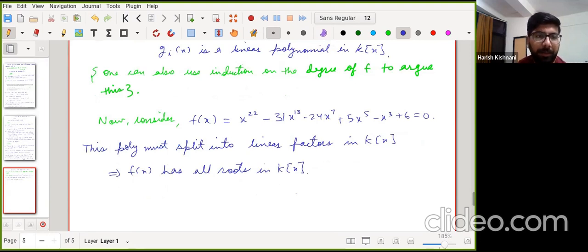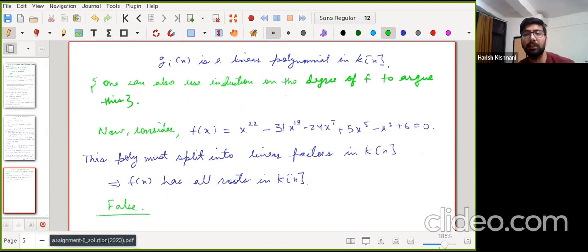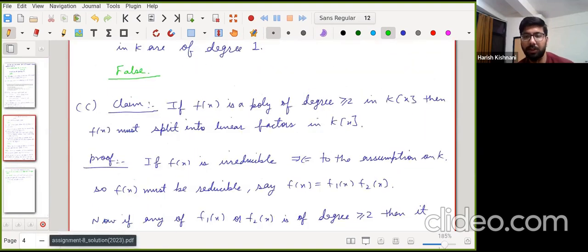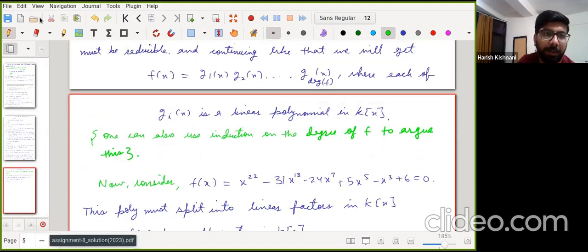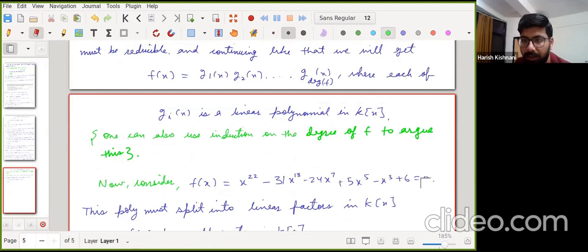The roots might be repetitive, but definitely all the roots are in K. So this is a contradiction to the statement. Thus, the statement was false. So there are alphas for which you can satisfy this equation. Very silly mistake: while defining f(x), I should not write it equal to 0. This polynomial is not a zero polynomial.